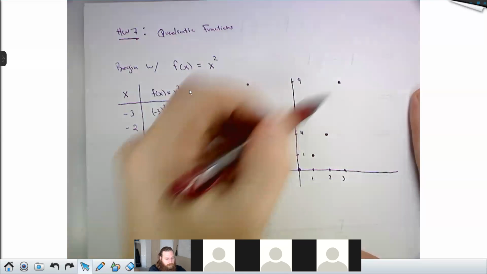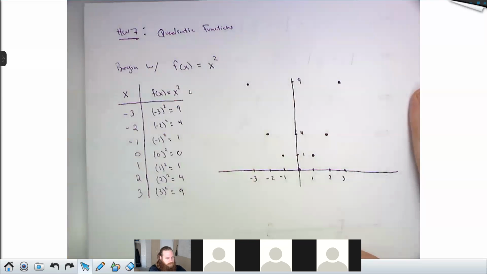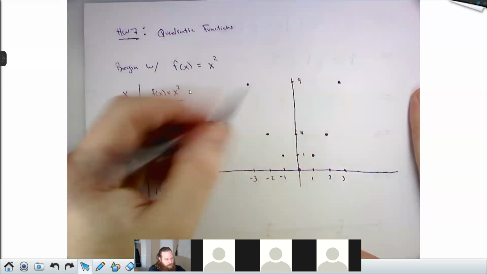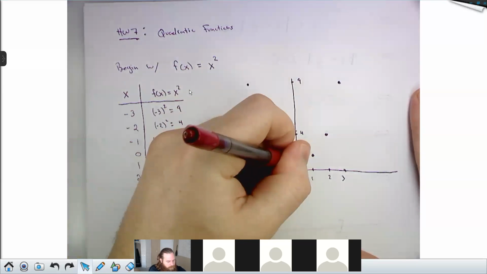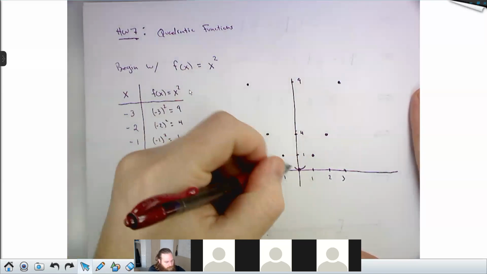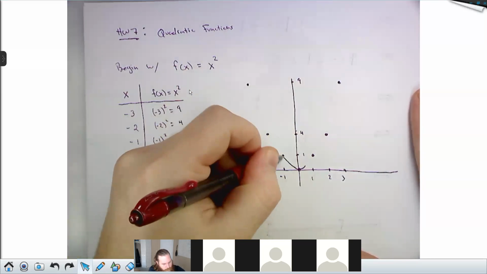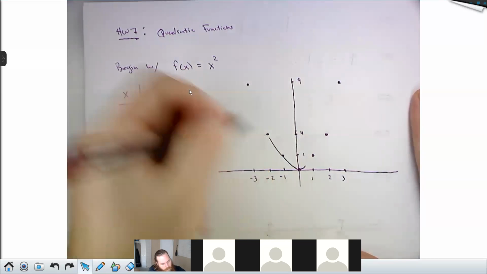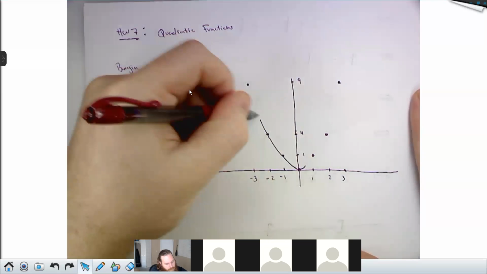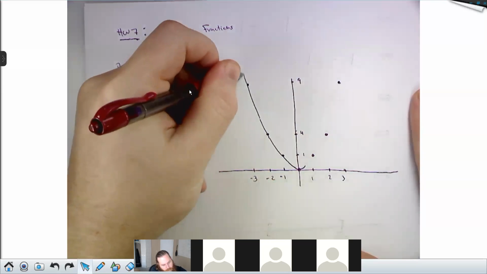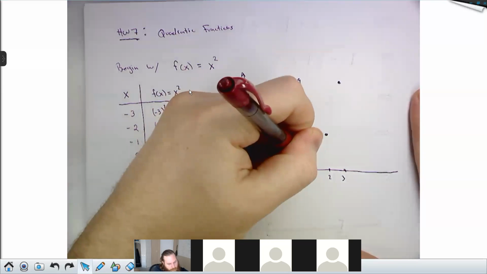And it's kind of looking a little bit like your absolute value in the sense that it goes down for a bit and then it comes up for a bit, except here things are curvy. All right, these are not straight lines. We're getting steeper and steeper as we go out.